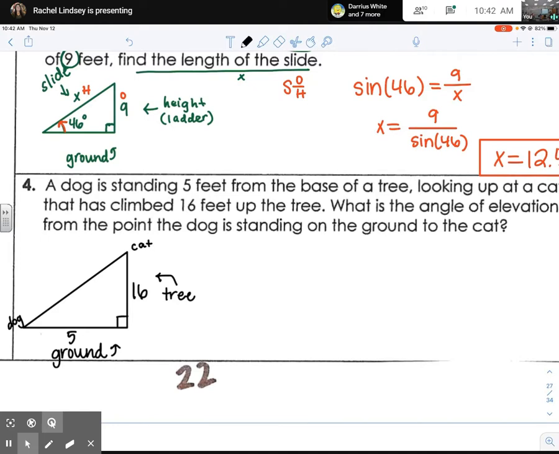So here's my angle of elevation, from the dog to the cat. That's what I'm trying to find. You can label that any variable you want. Because a lot of people don't really like the theta, I'm just going to call it x. If you want to use theta, you can. But now the whole picture is labeled and you can solve it like normal.